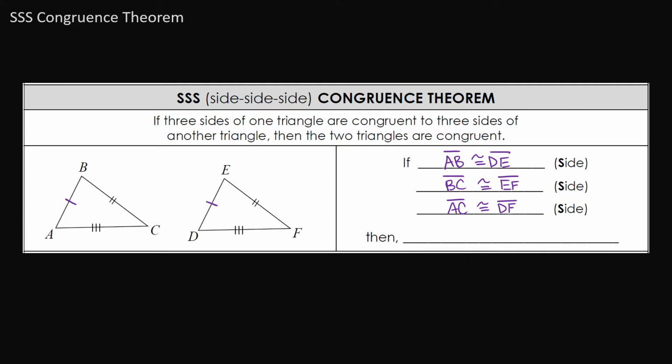If all of that is true, if you see three pairs of tick marks showing congruence between two triangles, then we can write the congruency statement triangle ABC is congruent to triangle DEF. We don't have to prove anything about the angles if we know all three pairs of sides are congruent.